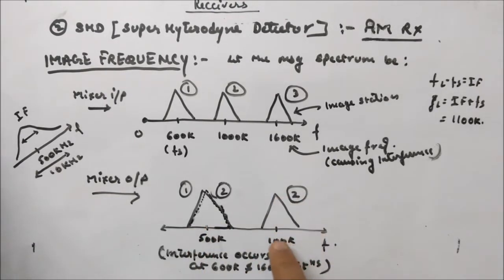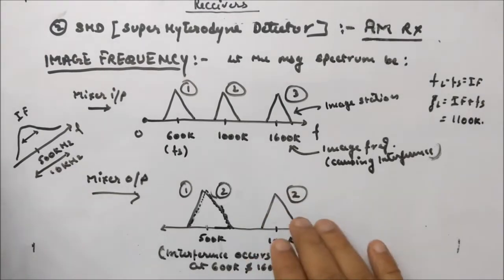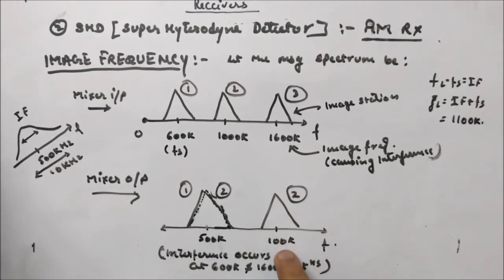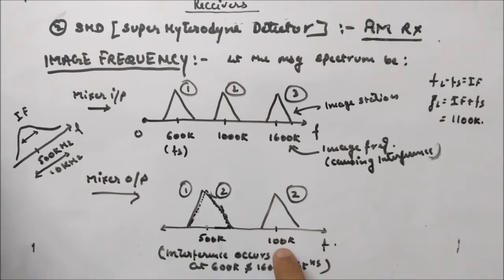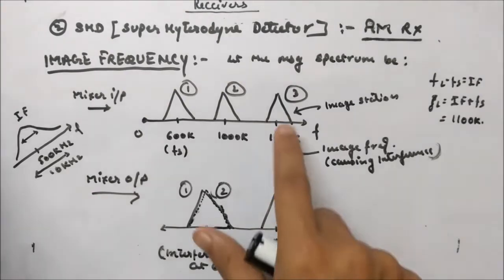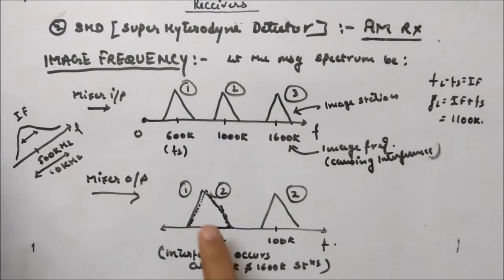The second signal is as it is, no problem, and its center frequency is 100K when you did the subtraction. It's okay, but these two are interfering, so we don't want this.